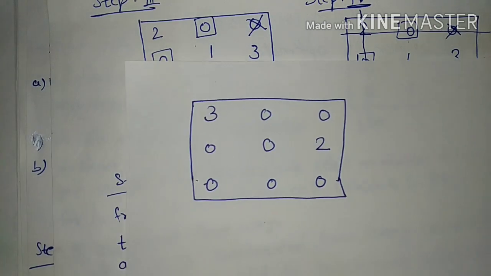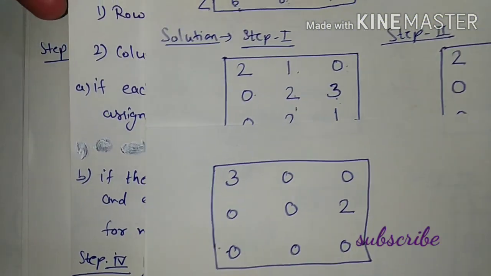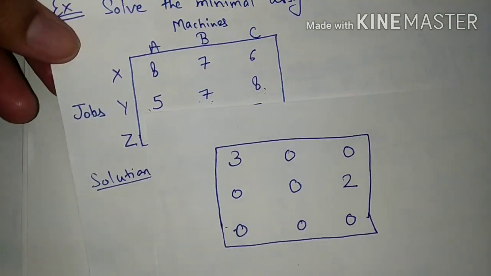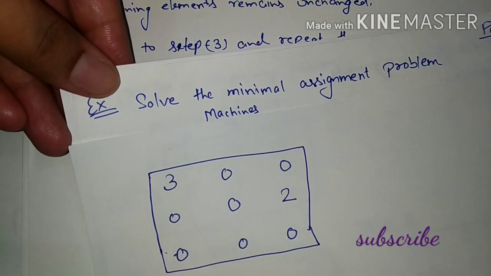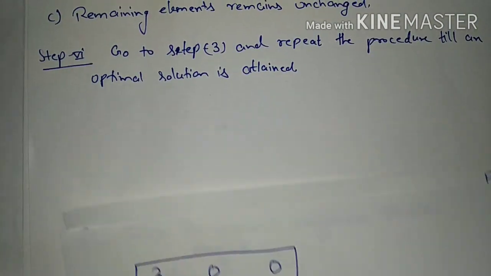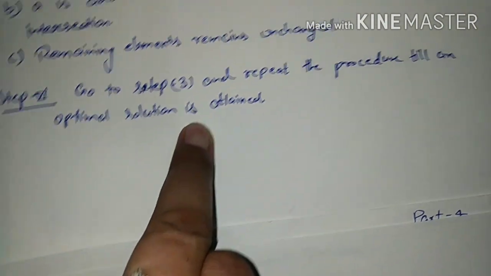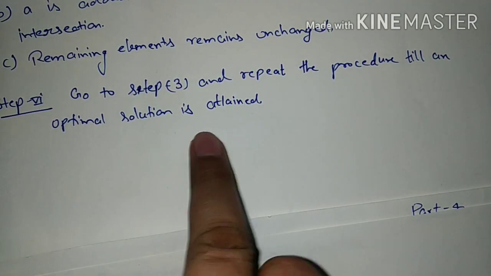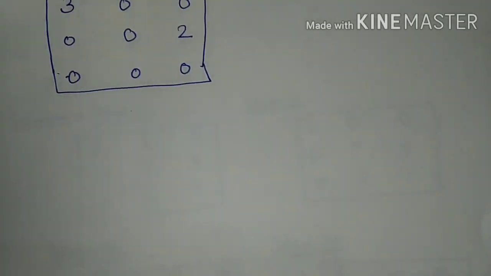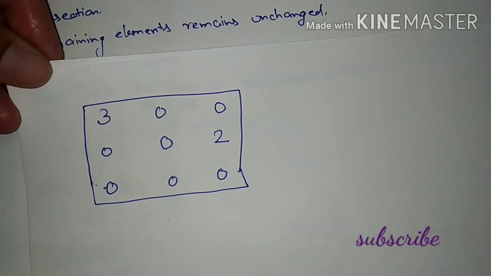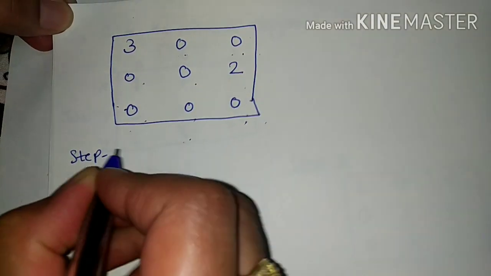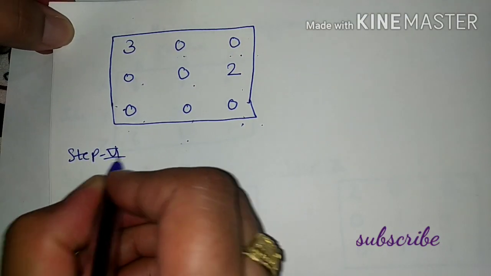And now step number 6. Go to step 3 and repeat the procedure till an optimal solution is attained. Step number 6.